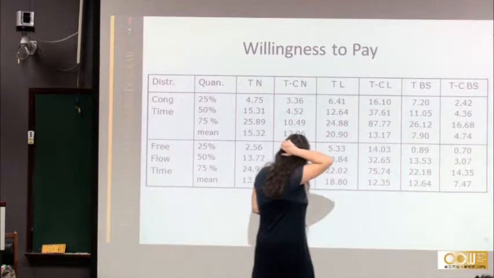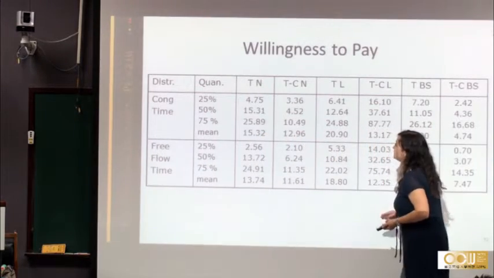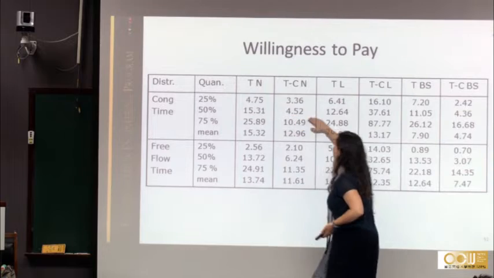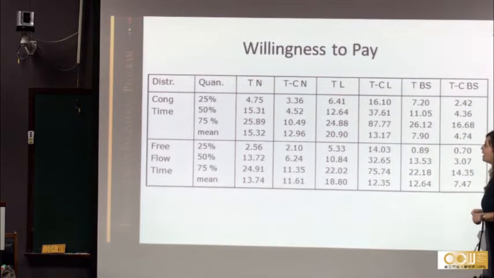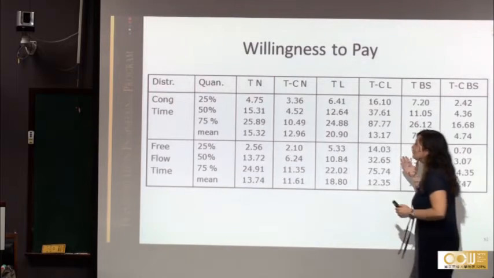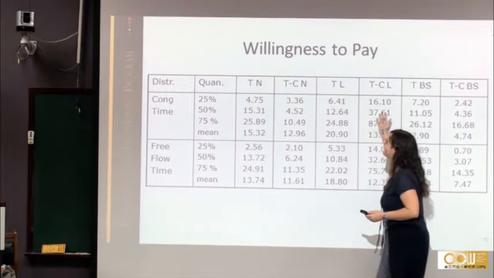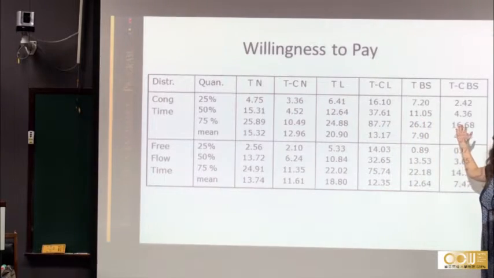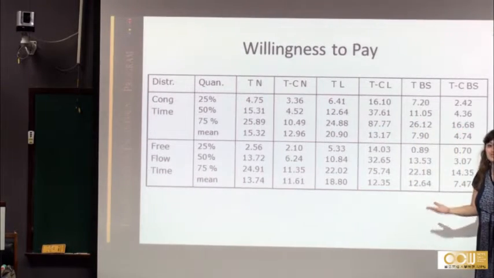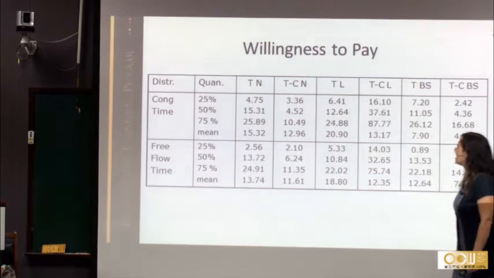But also what I want you to see, look at the 50%, at the median, right? The problem is that depending on what you adopt, you have a very different value of the willingness to pay. And the question is, which one is the good one?